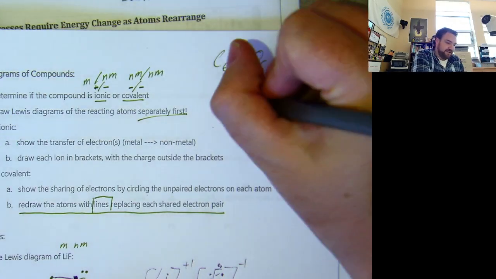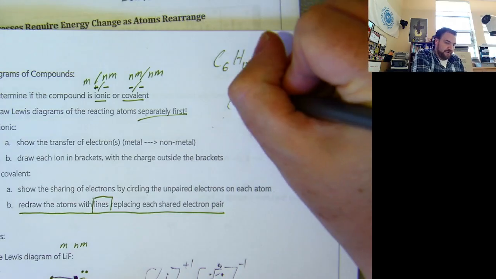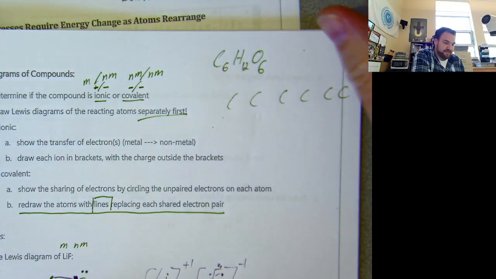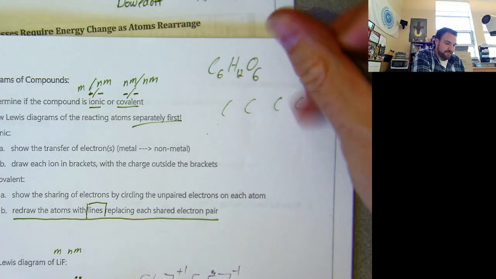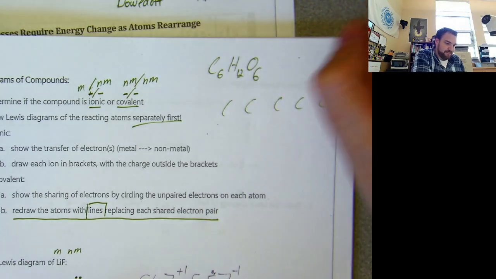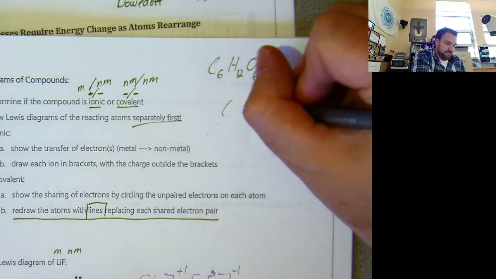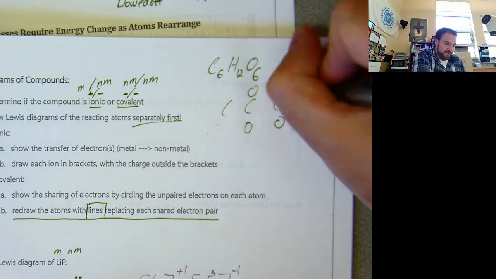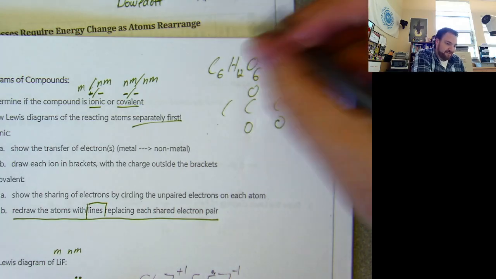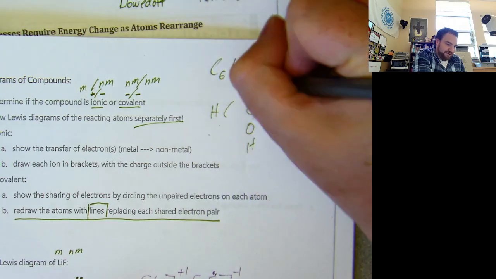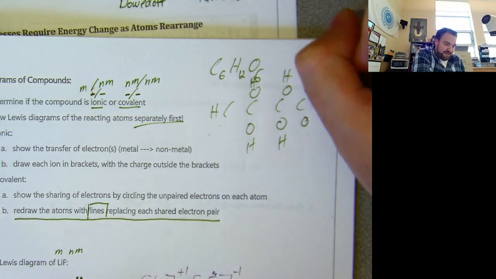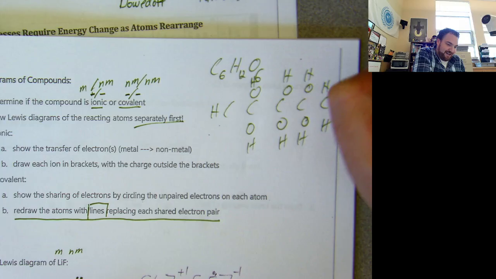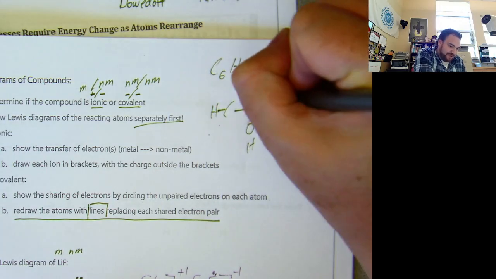The thing looks like this. 1, 2, 3, 4, 5, 6. 1, 2, 3, 4, 5, 6. 1, 2, 3, 4, 7, 8, 9, 10, 11, 12, and you just draw lines between each one of these things.